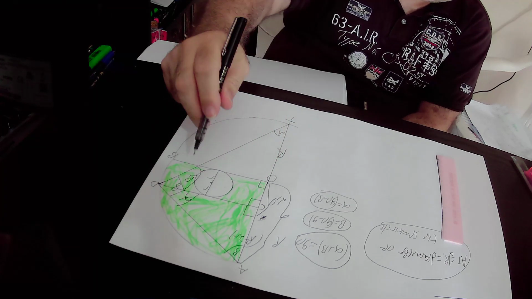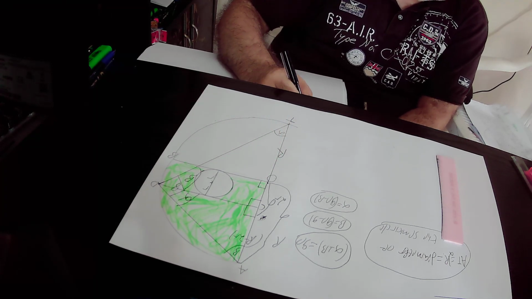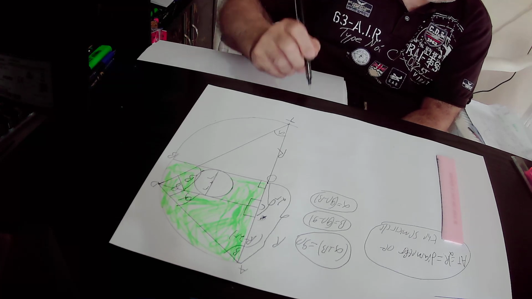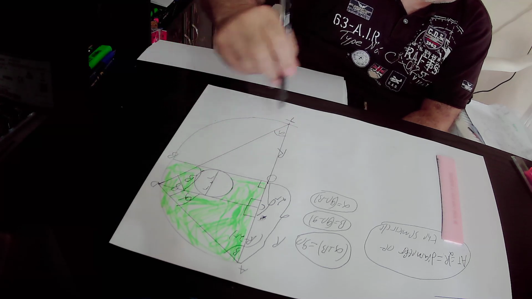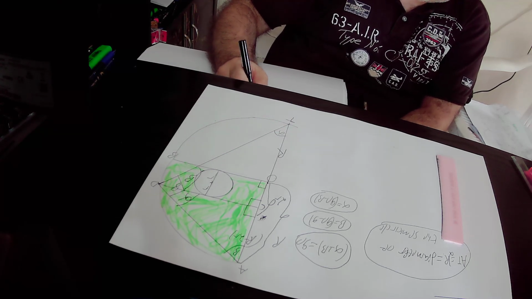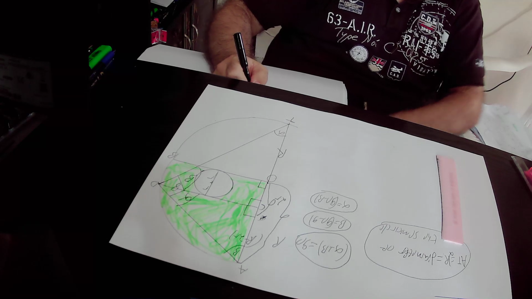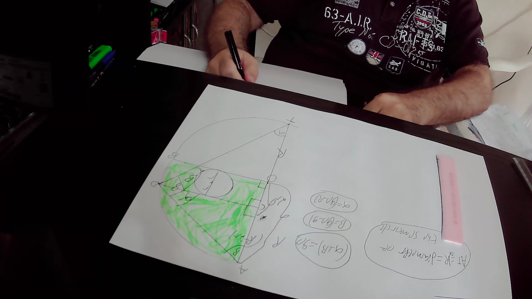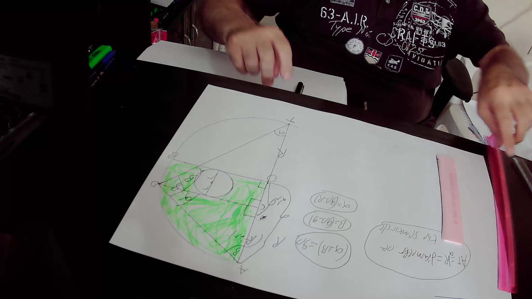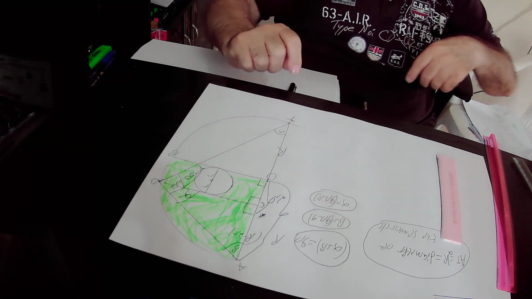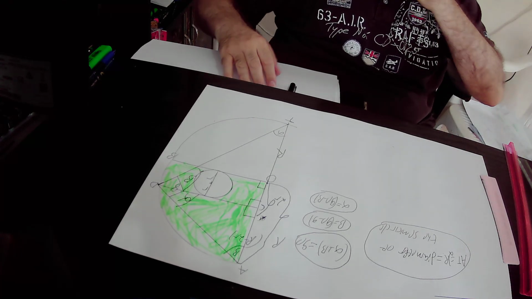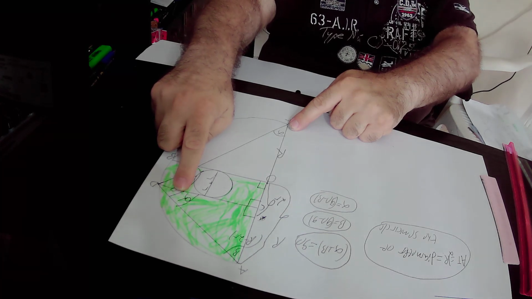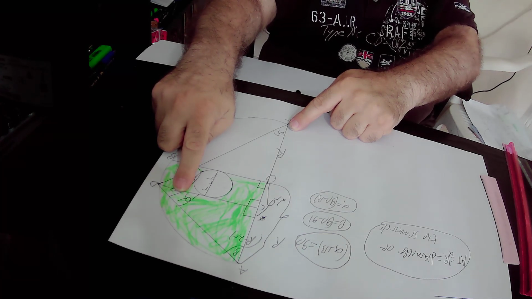Right triangle ACD is similar to the right triangle CDT. So why are those two right triangles similar to each other? First of all, those two angles are both equal to alpha, therefore they are equal to each other.